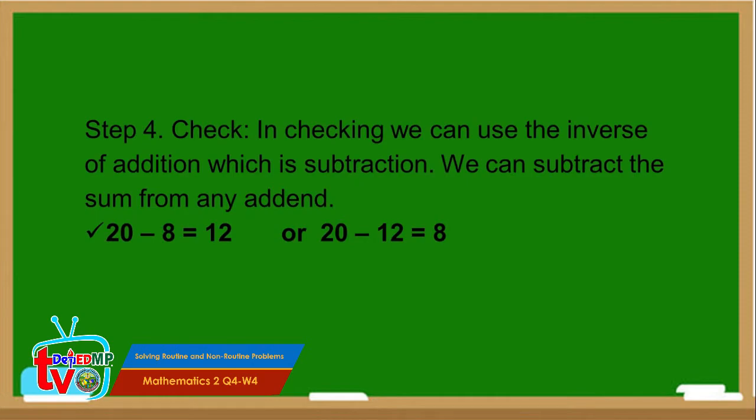Step 4, you now check. In checking, we can use the inverse of addition, which is subtraction. We can subtract the sum from any addend, like this. 20 minus 8 equals 12, or 20 minus 12 equals 8.